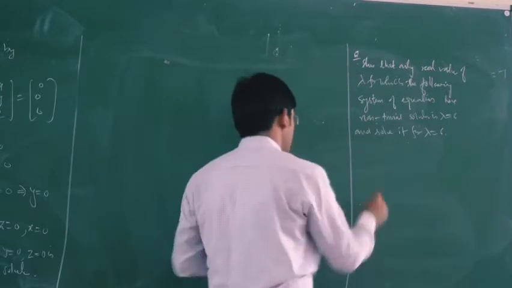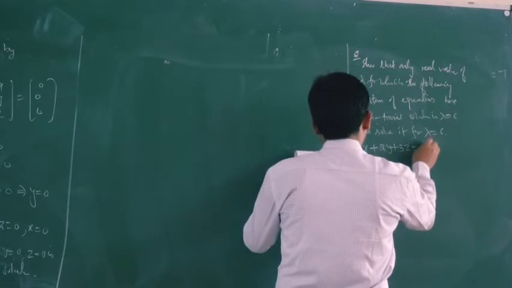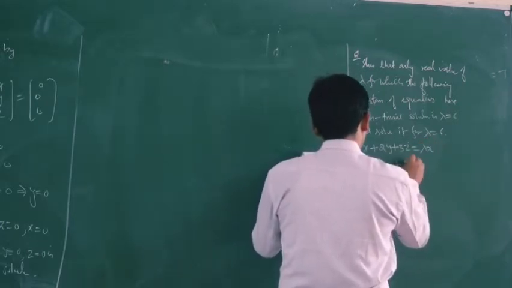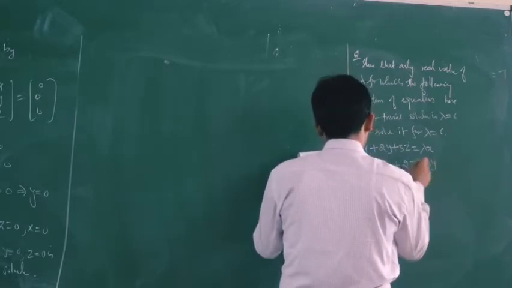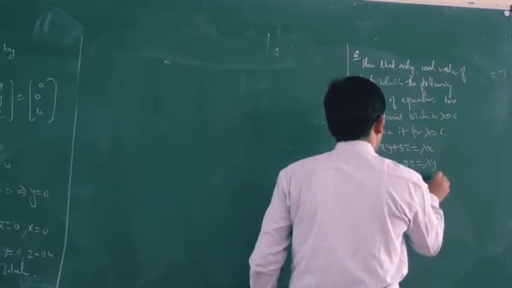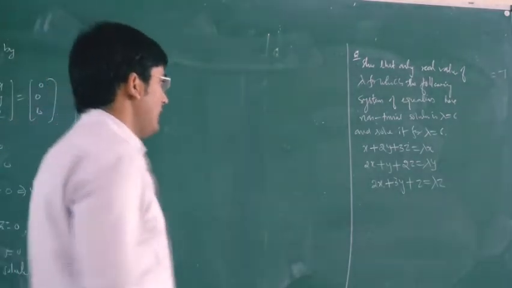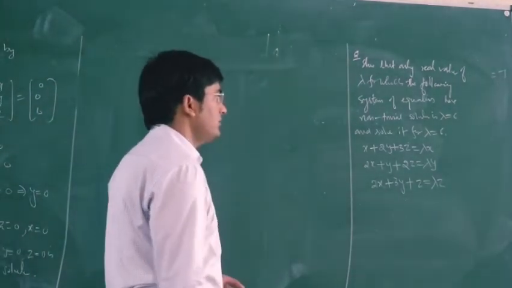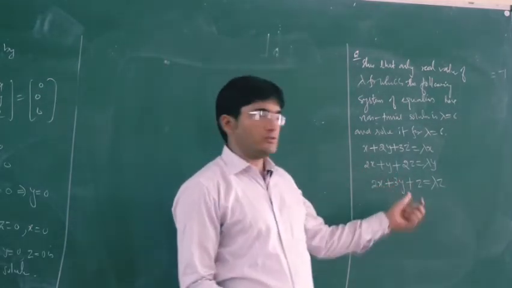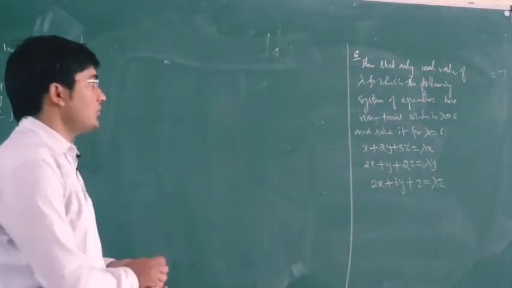The system of equations is x plus 2y plus 3z equal to lambda x, 2x plus y plus 2z equal to lambda y, and 2x plus 3y plus z equal to lambda z. So this is our system of equations, and let us prove that the non-trivial solution exists for lambda equal to 6, and we will find the solution for lambda equal to 6.